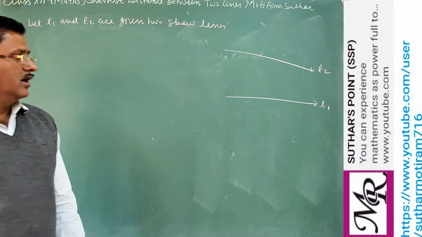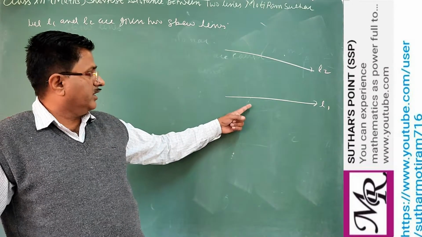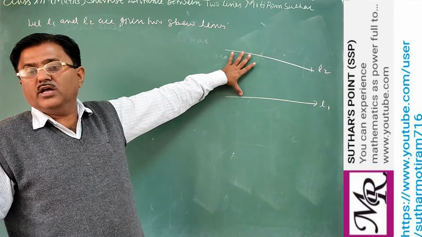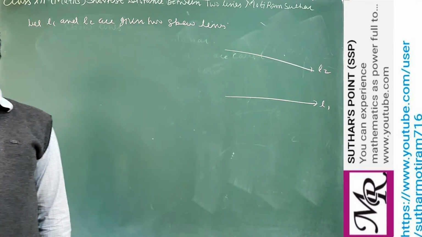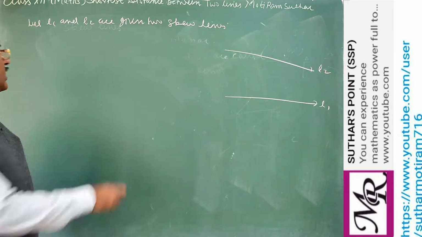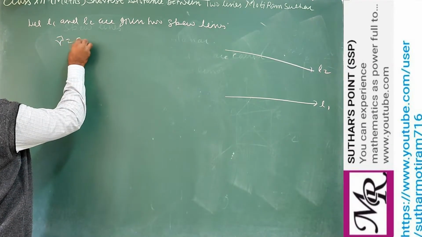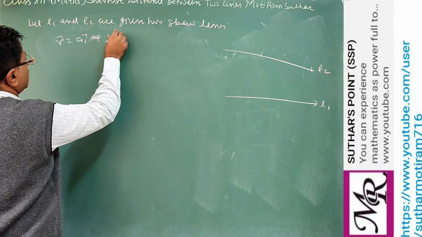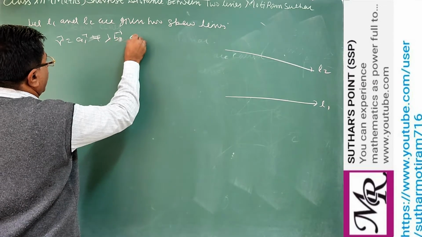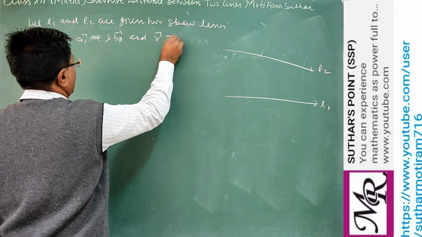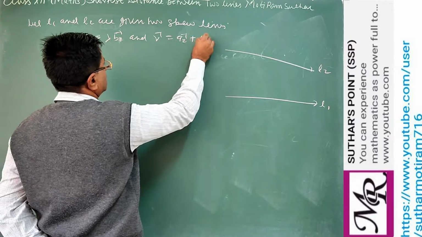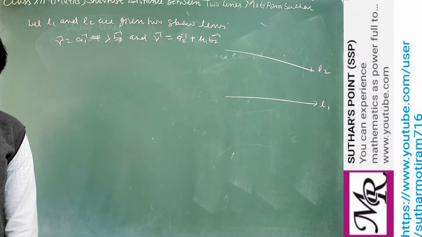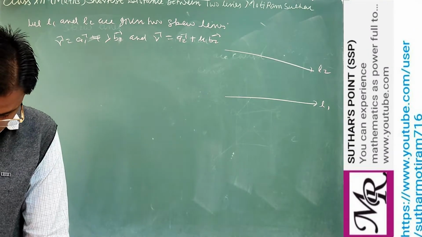Like in the previous figure we took GE and DB, we are drawing in three dimensions. Clear? And in vector form we know the equation of the first line is r = A1 + lambda B1, and the second line is r = A2 + mu B2. These two formulas for the equation of the line are given.